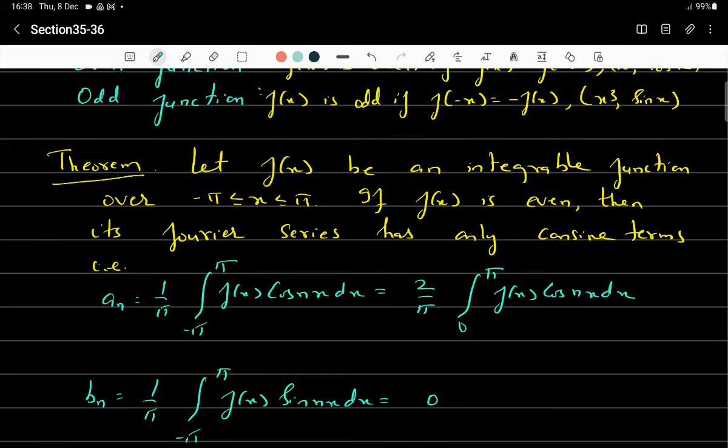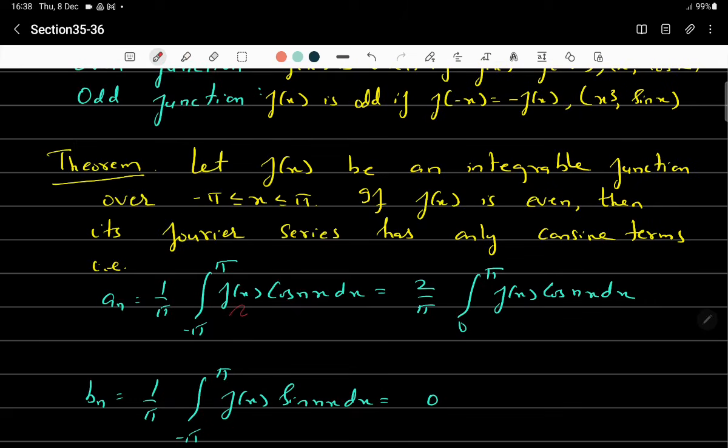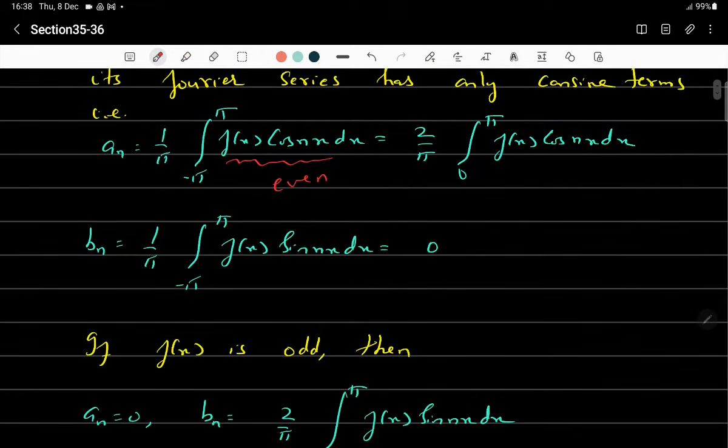So since this is an even function, its integral over the interval minus pi to pi would become 2 by pi integral 0 to pi. But in the second case, when you compute bn, this is an odd function. f of x is even, sin nx is odd. That's why integration from minus pi to pi would be 0. And that's why it would have only cosine terms.